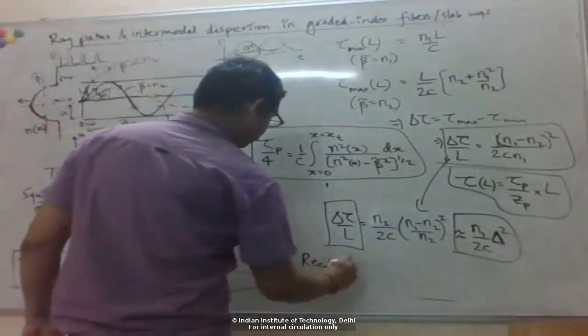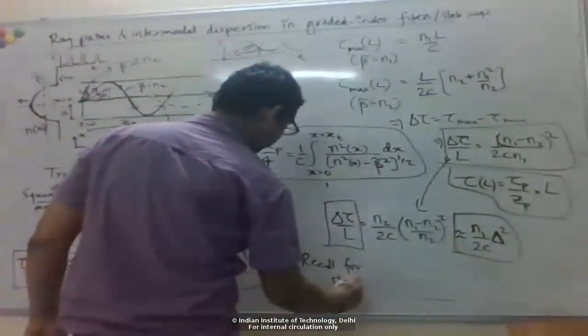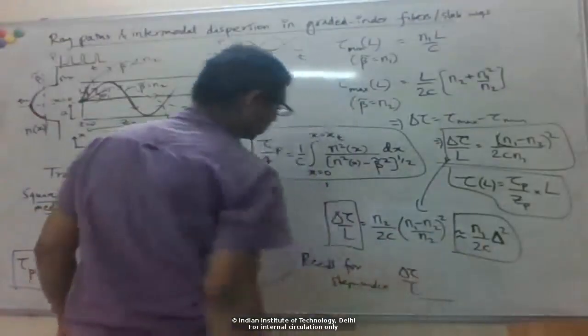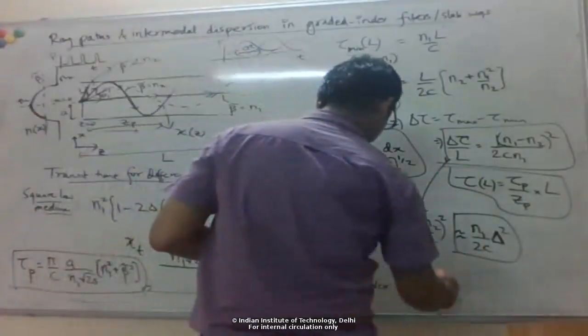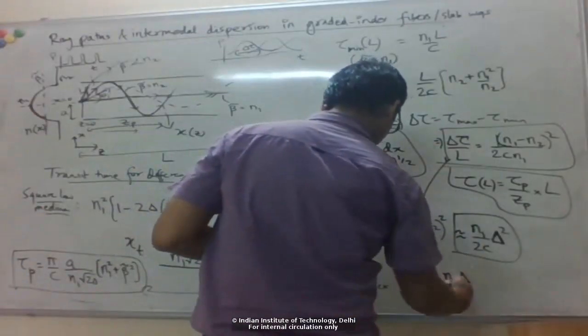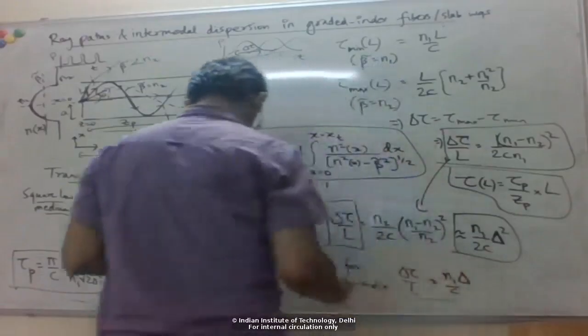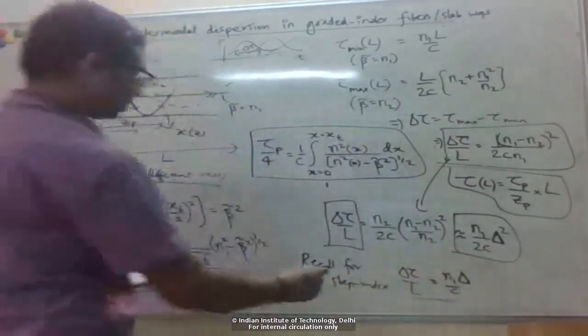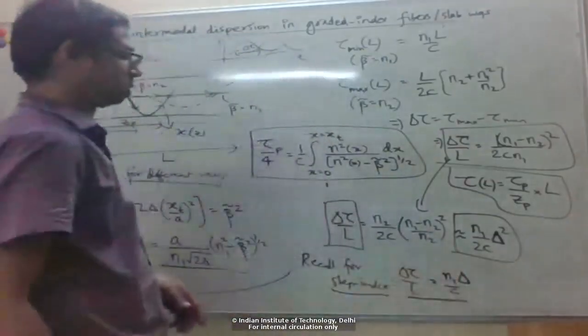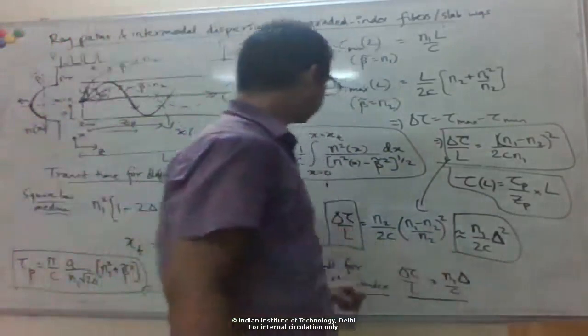Recall for step index, the intermodal dispersion was proportional to delta. For step index, it was this expression, n1 over c times delta.